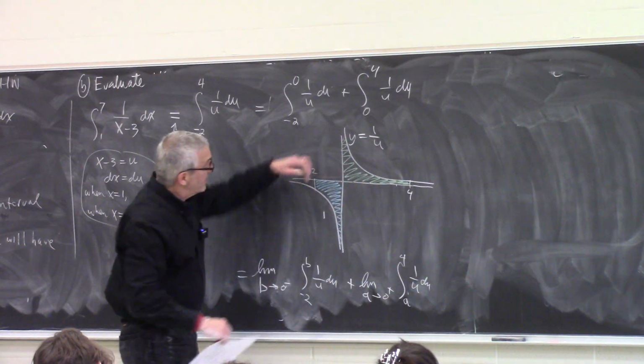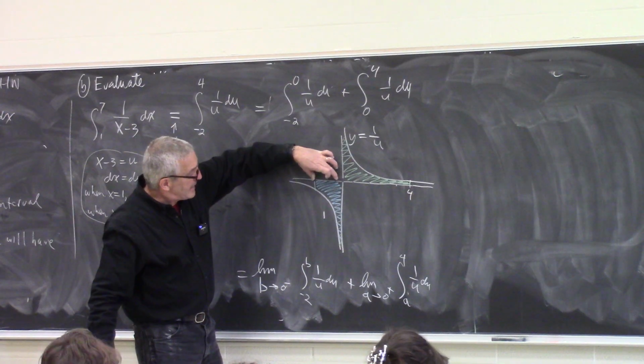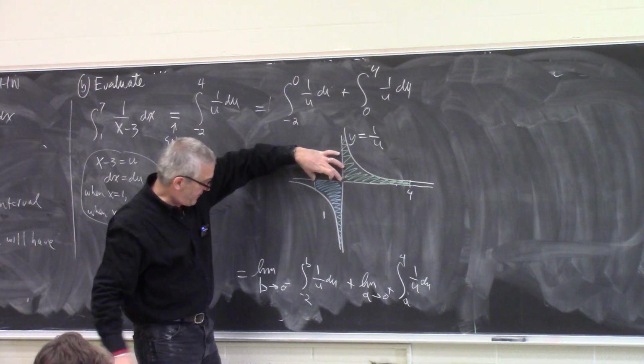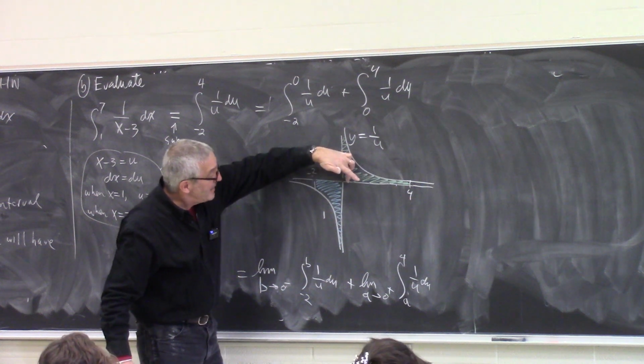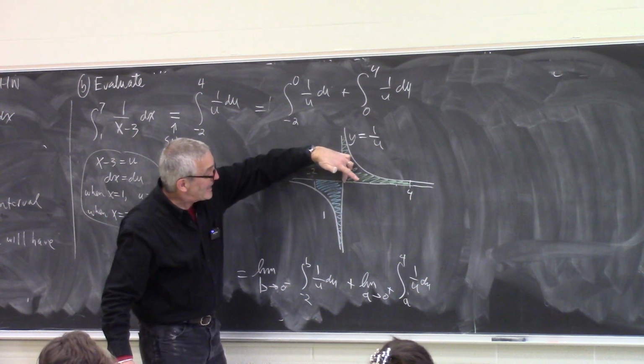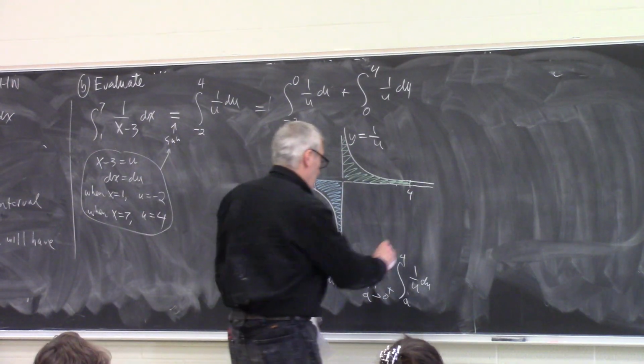So we can't integrate all the way to 0. We have to integrate from -2 to b and let b get closer and closer to 0 from the left. And then we can't integrate from 0 to 4. We have to integrate from a to 4 and just let a get closer and closer to 0 from the right. All right.